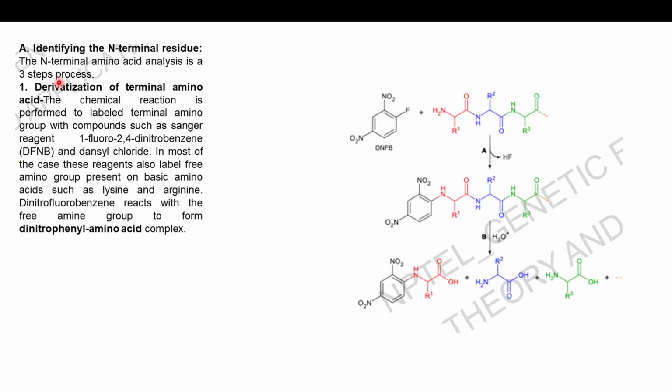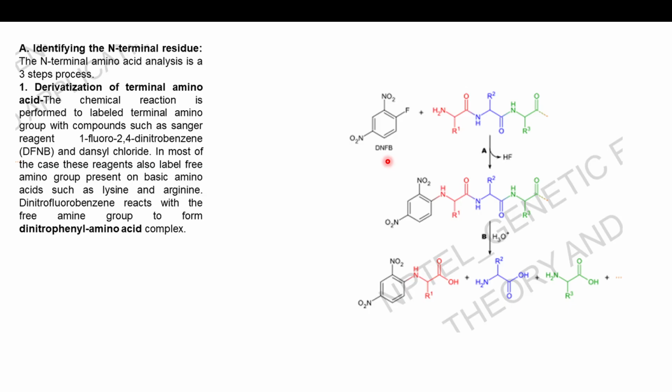What happens is, first you label the terminal amino group, the NH2 group, with compounds like DNFB and dansyl chloride. This is the N-terminal portion of the long peptide chain. If there's a free NH2 group, there is this reagent DNFB.